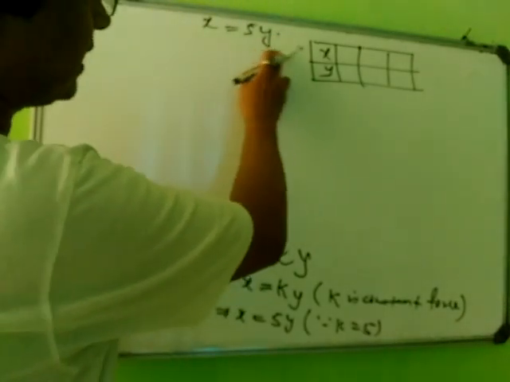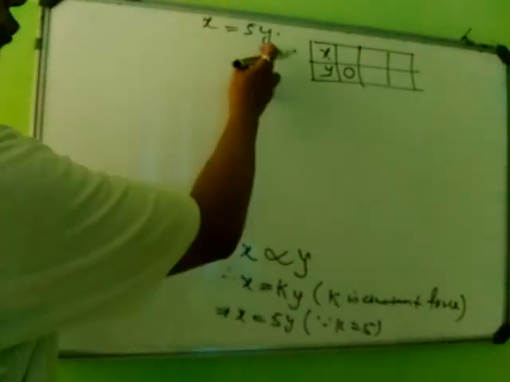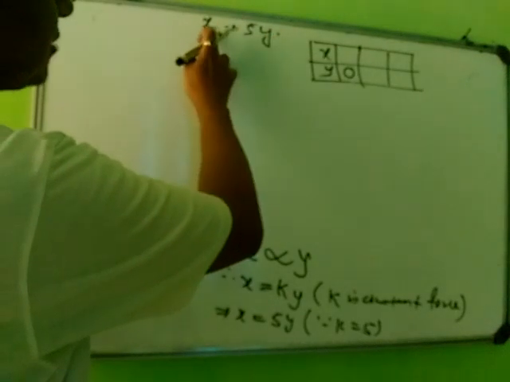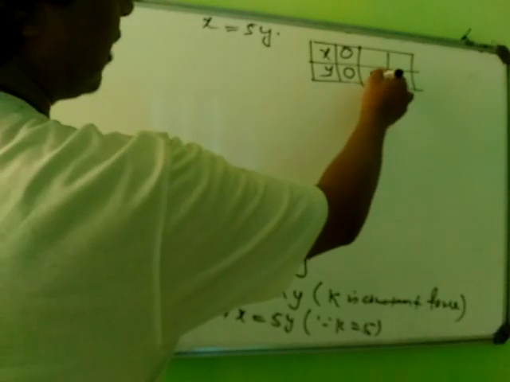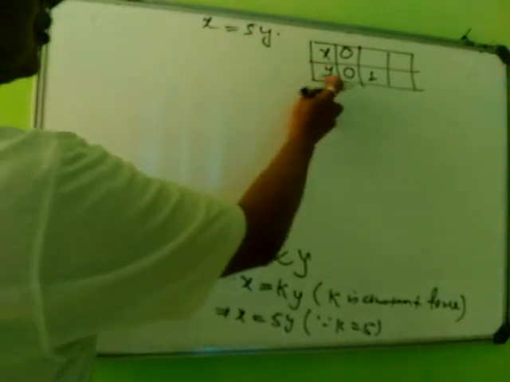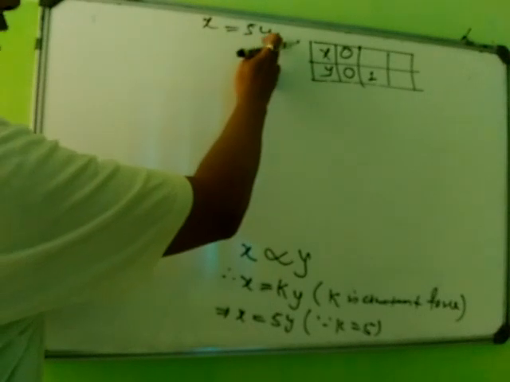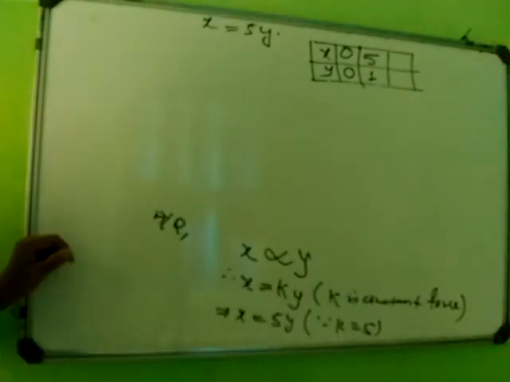Now first you take y. If y is 0, 5 into 0 is 0, so x will be 0. Supposing y is 1, 5 into 1 is 5, so x will be 5.